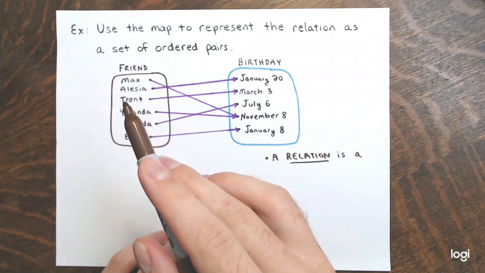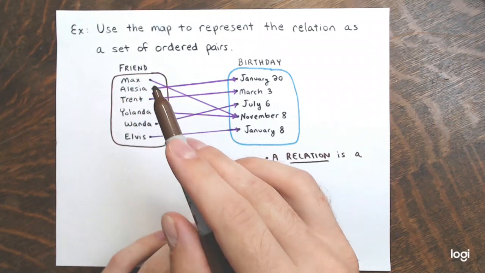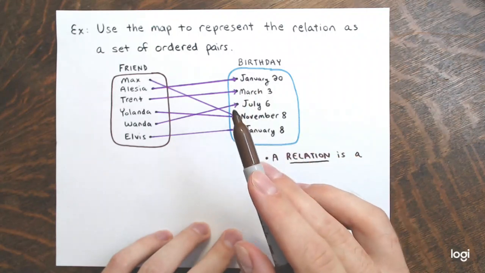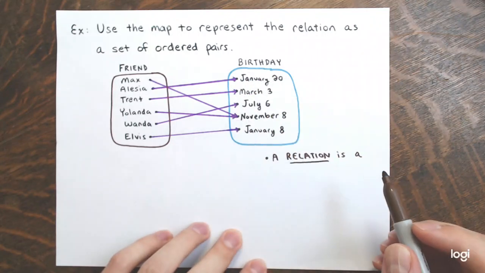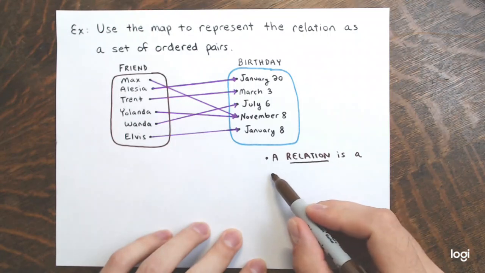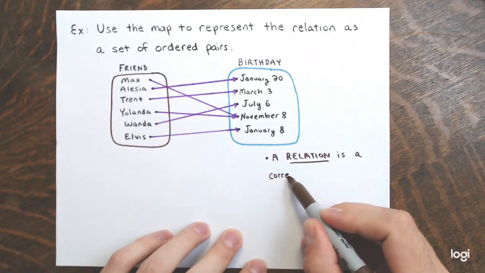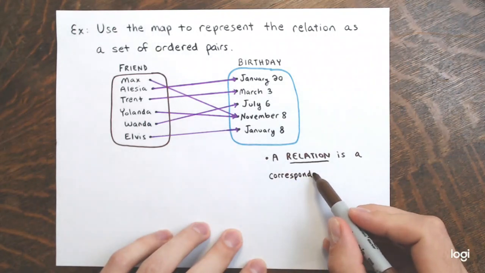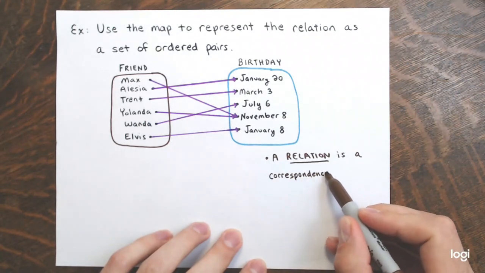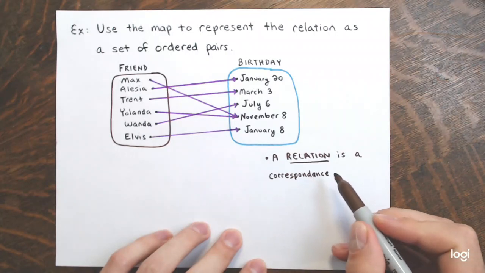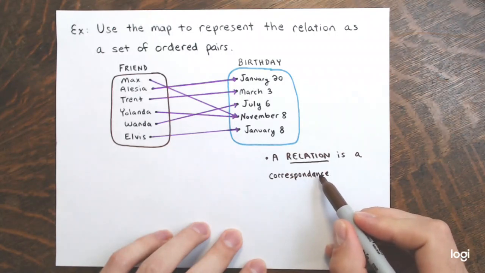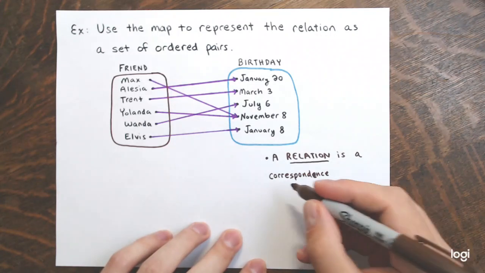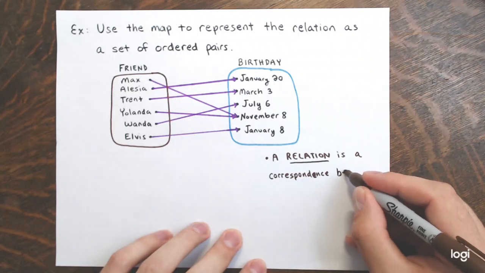The elements in this set have some sort of relationship to the elements of the set in this box over here. I believe it's a correspondence. I should have looked that up. Correspondence, my apologies, relationship between two sets.